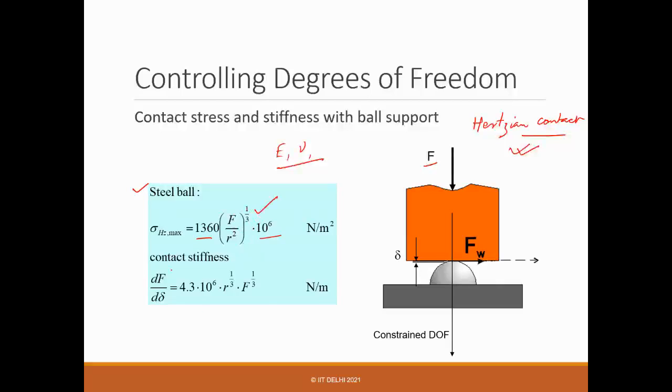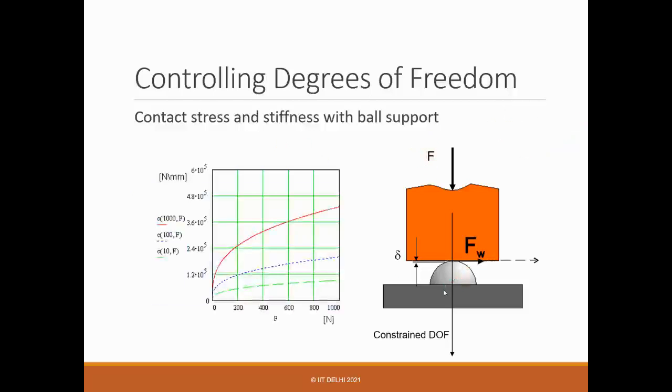Similarly, if you talk about the contact stiffness, dF by d delta, you will also get a function of the cube root of R and F. So they are not only a function of F, but also of R, the size of the ball. You need to know a lot of parameters.